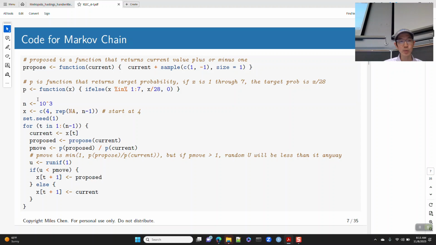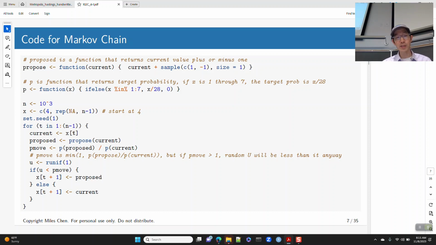So I'm going to just let this run 1,000 times. We are going to start at island 4, and I'm going to repeat 999 NAs. And then I'm going to run this for time t from 1 to 999. So our current value will be x at time t.